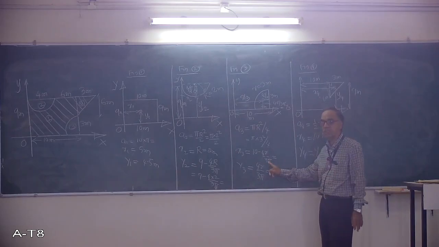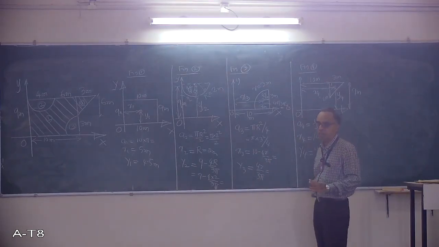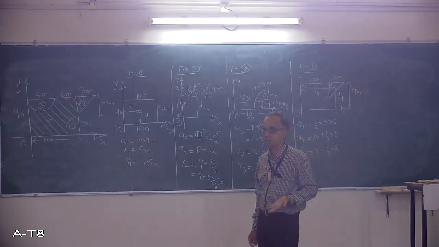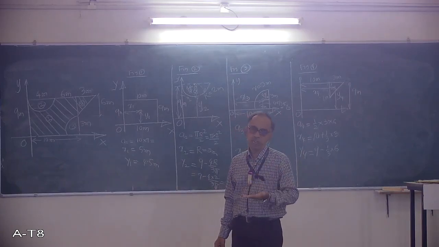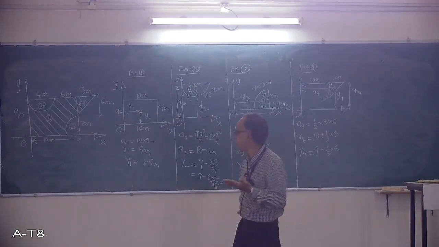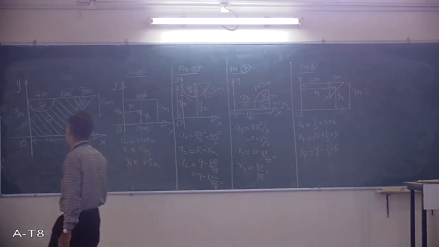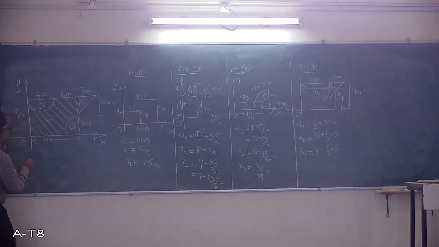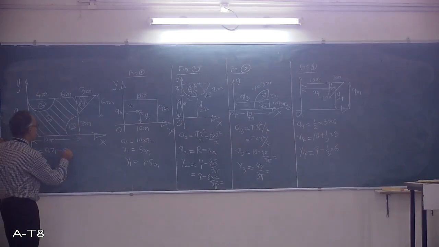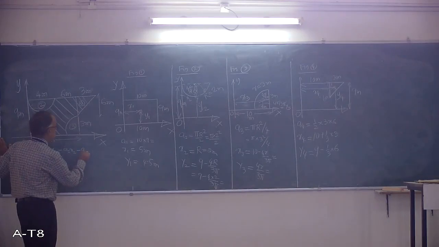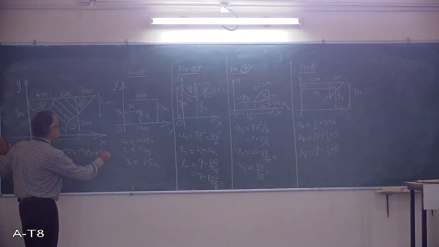When they are not shaded, you have to write a minus sign when you write x bar and y bar. If I write the value, x bar is equal to A1 x1, it is plus. So minus A2 x2 minus A3 x3 plus A4 x4.